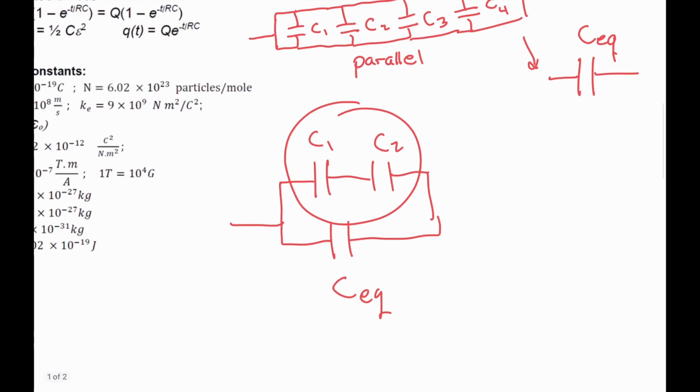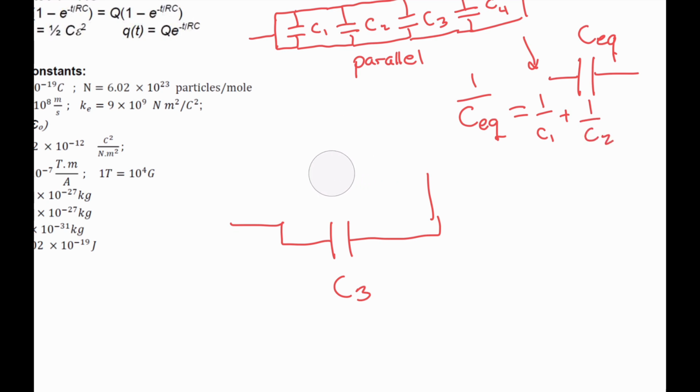So I would do CEQ, let's call this one C3. So this would be 1 over this equals 1 over C1 plus 1 over C2. So I can basically erase all of this and create another capacitor here, which I'll call CEQ, right?